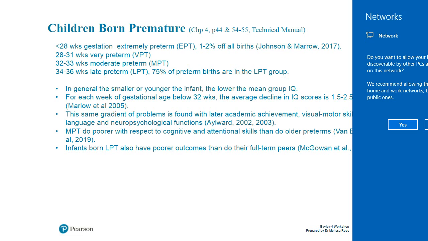This same gradient of problems is found with later academic achievement, visual motor skills, language, and neuropsychological functions. Moderately preterm do poorer with respect to cognitive and attentional skills than do older preterms. Infants born late premature also have poorer outcomes than do their full-term peers.